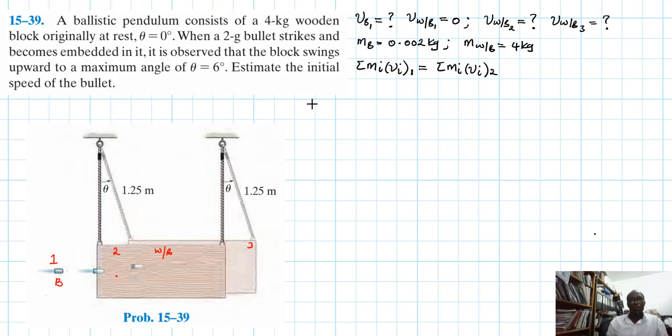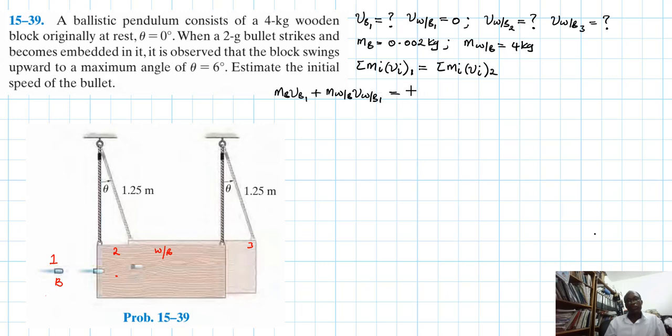So we are going to deal with state 1 to state 2. What do we have here? So we do have MB VB1 plus MWB VWB1.